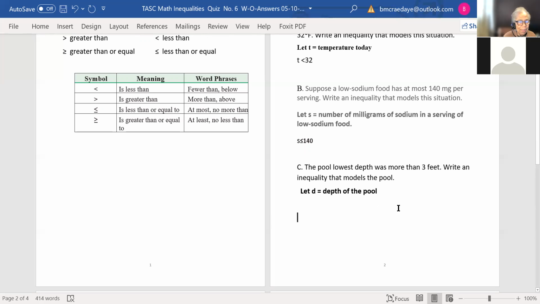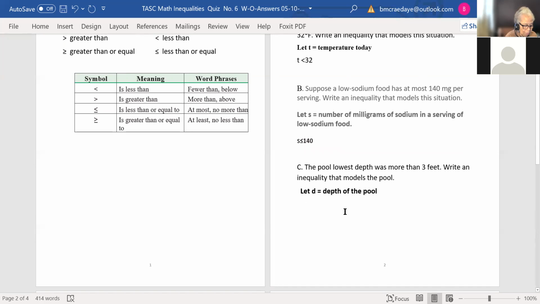So what is greater than? What is the variable for the depth of the pool? No, what is the variable, Maureen, for the depth of the pool? Right here, let D.